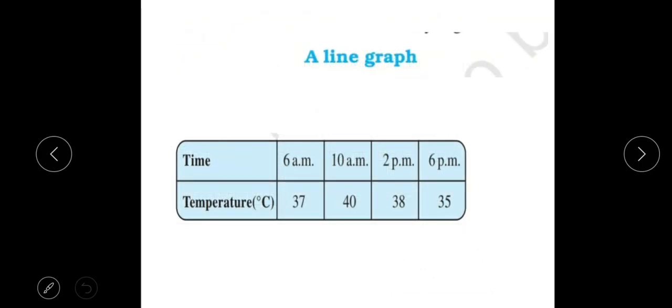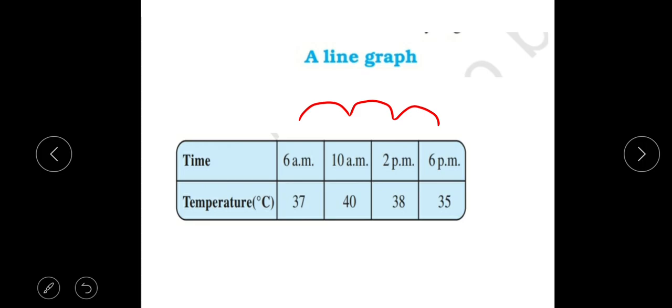Look at this. A data set is given here. This is the data of the temperature of a patient, checked and marked starting from 6 a.m. and every 4 hours. After every 4 hours, the temperature is checked and marked here.